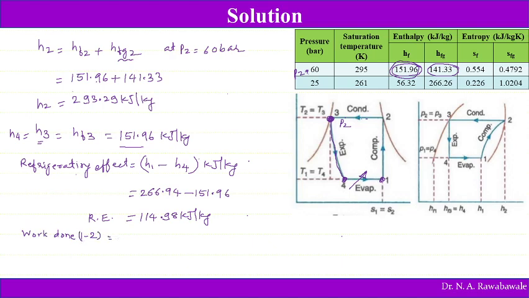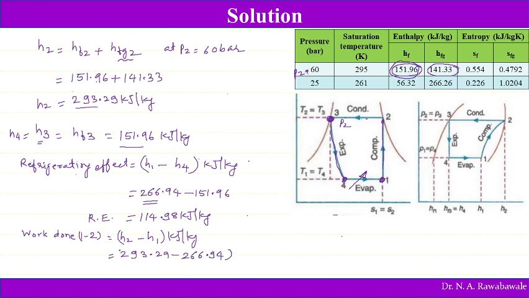So the compressor is going to do work during process 1 to 2. So this is the work done. If we know the difference, that is H2 minus H1, it gives us the work done in kilojoules per kg. H2 is known to us, H2 is 293.29, and H1 is also known, which is what we have substituted here, 266.94.